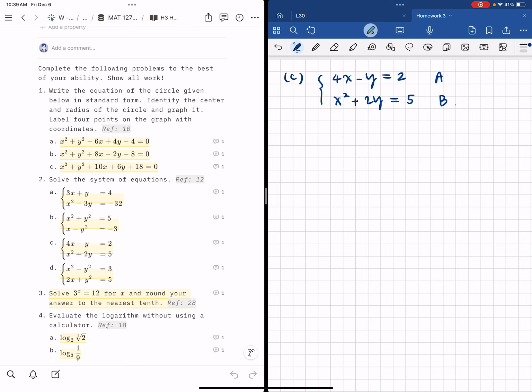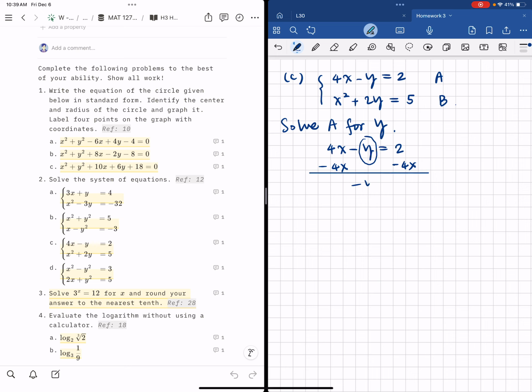So for equation A, I'm going to solve A for y, and then I will plug this into equation B, kind of similar to what we did in part A. 4x minus y is 2, and I'm trying to isolate this y. The first thing to do is subtract 4x from both sides.